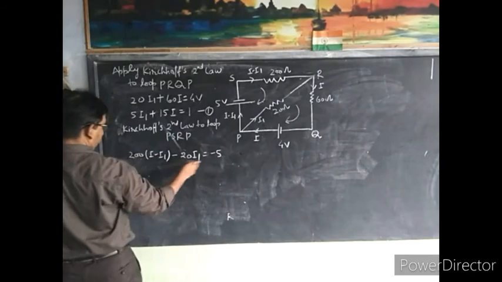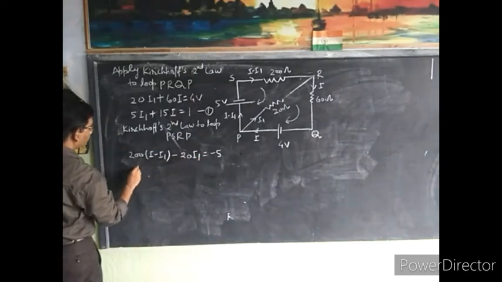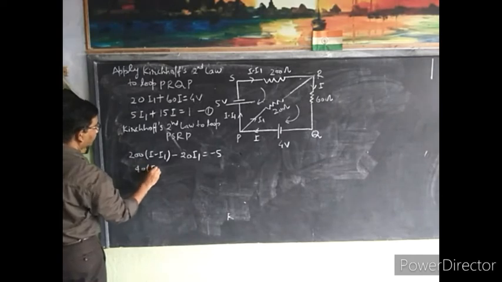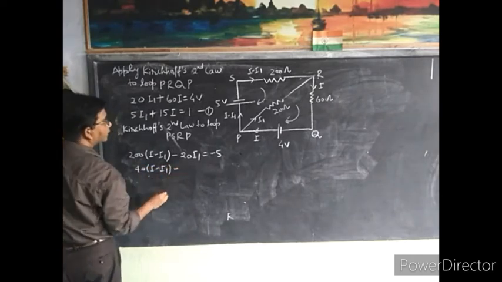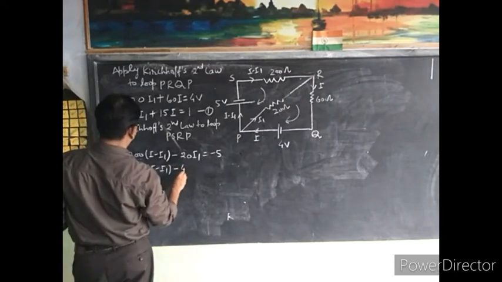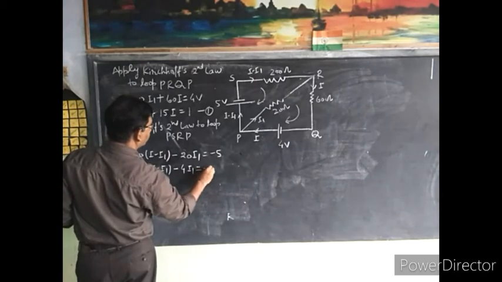Now divide by 5 on both sides, then 40 (I minus I1) minus 4 I1 is equal to minus 1.